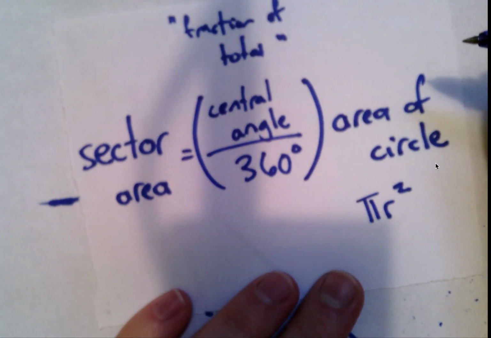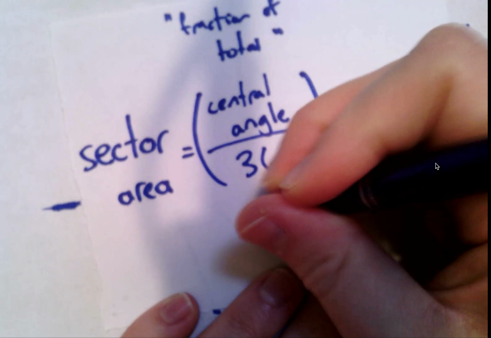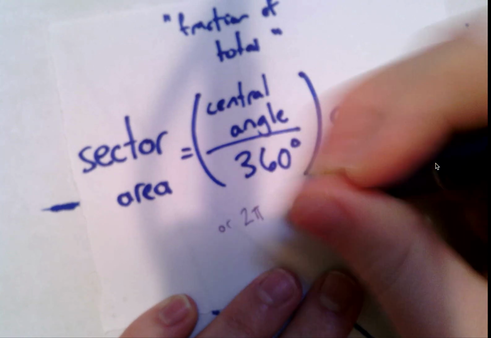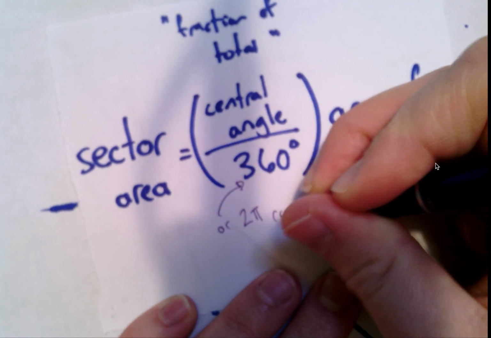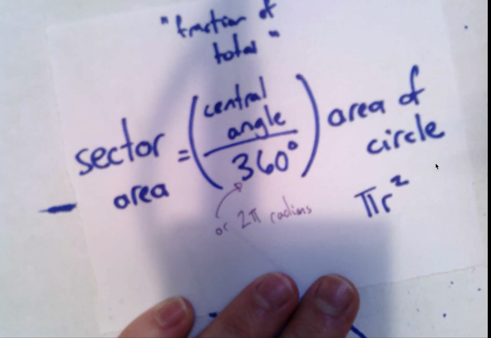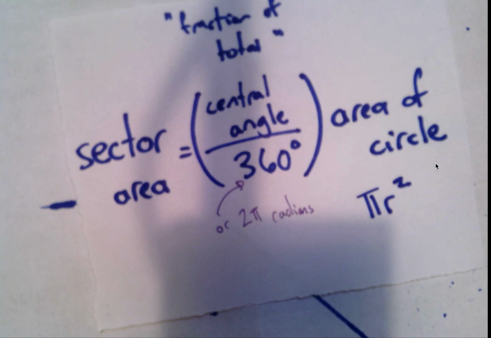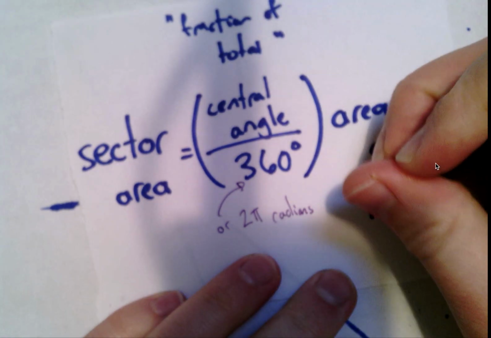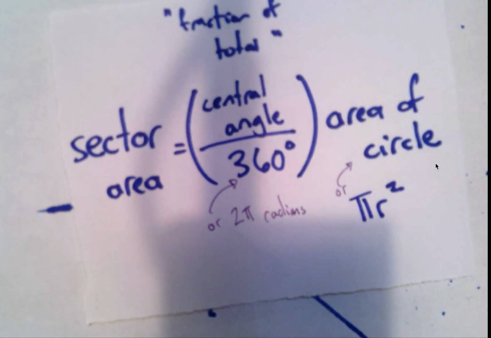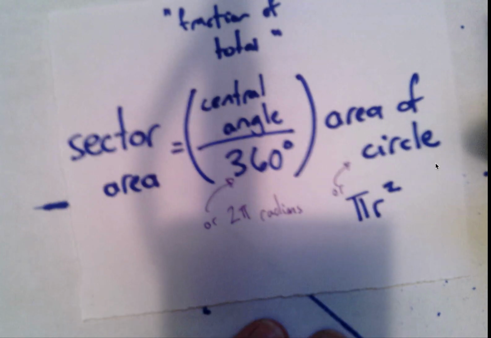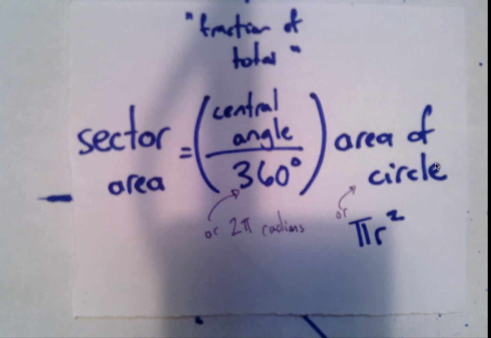Or you can say sector area is equal to central angle over 360 or 2 pi radians times the area of the circle, or pi times r squared. So hopefully that clears some things up by just rearranging the proportion into a formula.